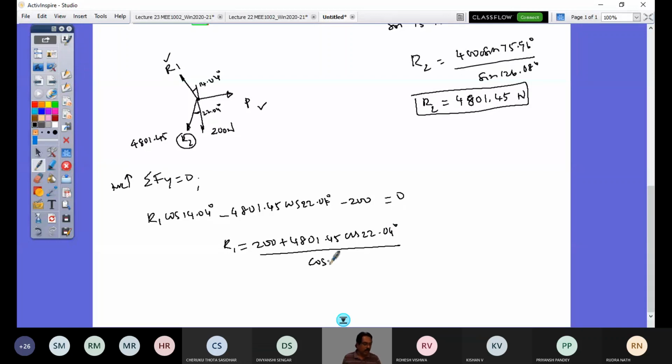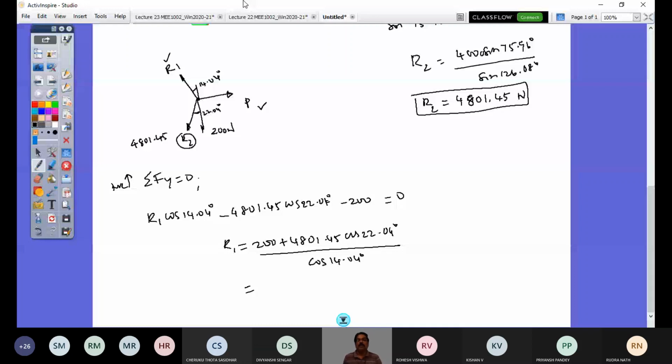If I work it out, 200 plus open bracket 4801.45 into cos 22.04, which is 4650.57, close bracket, divided by cos 14.04, so that is 4793.78 Newton.